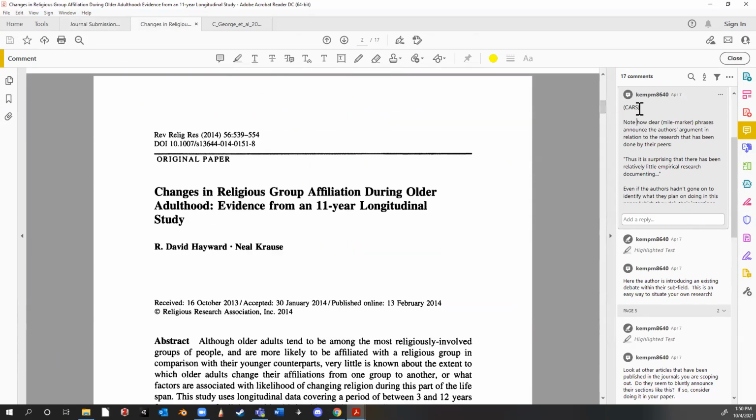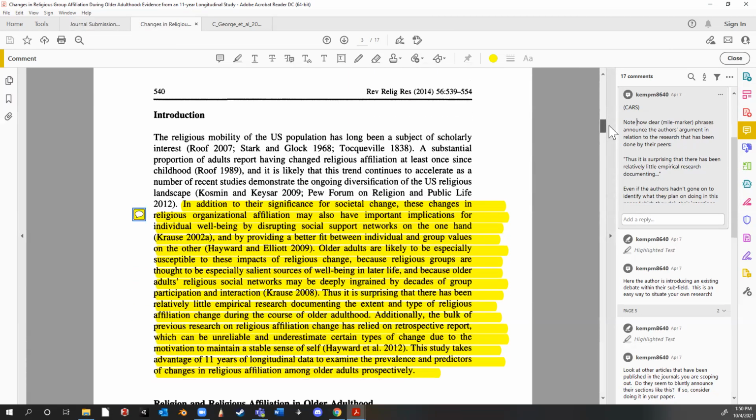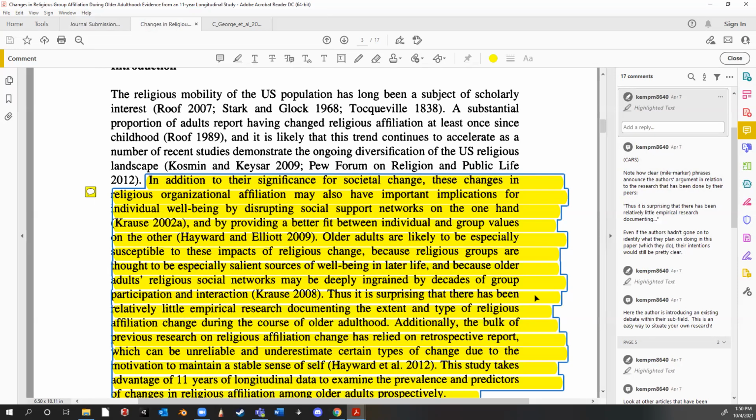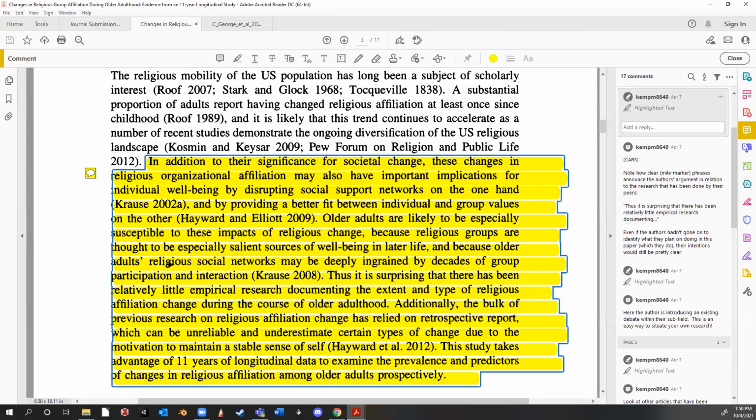We can start here with the CARS heading, which is, again, where they are announcing the significance of their work. It is surprising that there has been little empirical research documenting the type of religious affiliation change during the course of older adulthood. So even without reading any of the rest of the paper, you now know that the subject of their paper is about older adults changing religious affiliation, and that that subject is understudied within the literature.